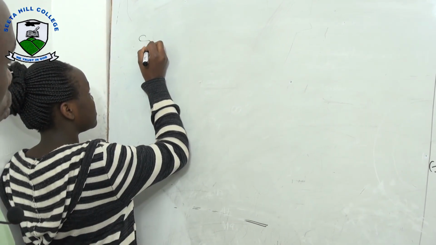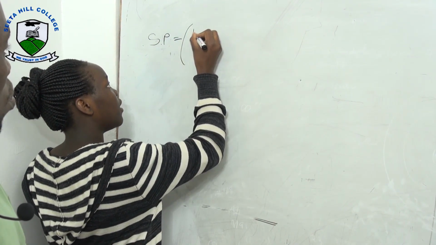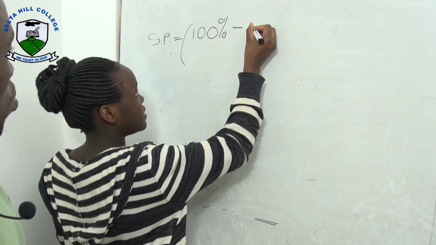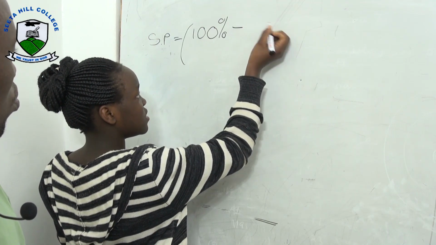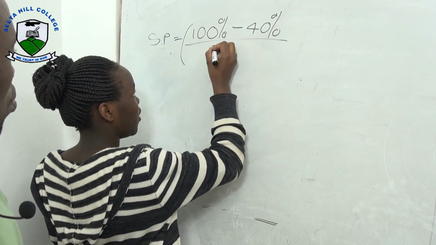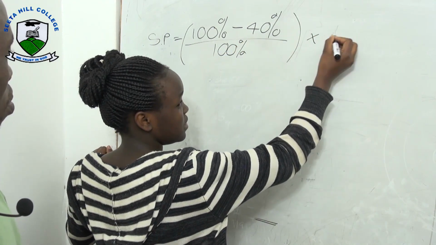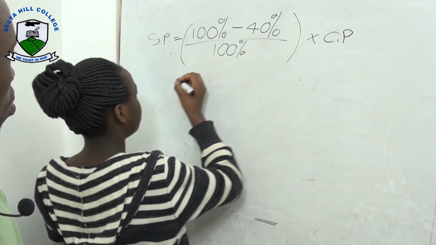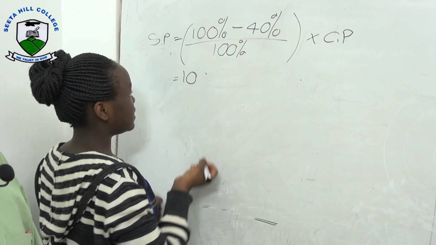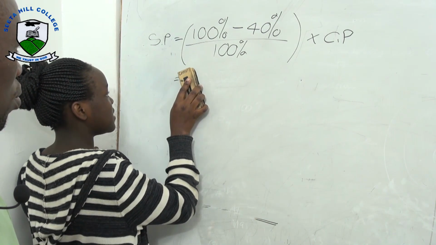So selling price is equal to 100% minus the percentage loss, which is 40%, out of 100% times the cost price. 100% minus 40% is 60%.